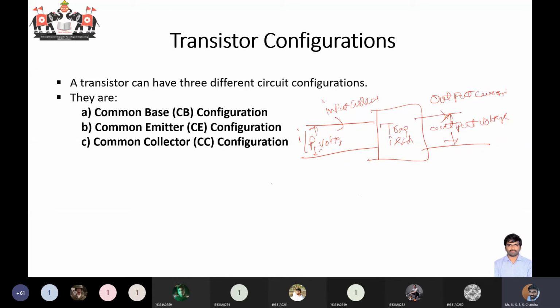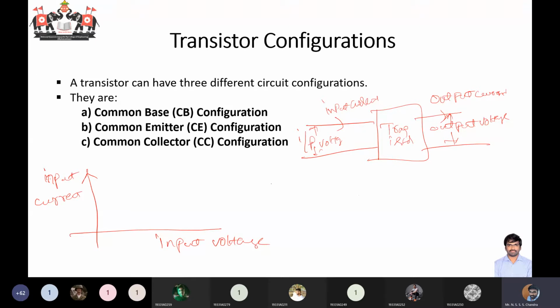Okay, so whenever we are talking about these characteristics, we'll be drawing the graph between your input voltage versus input current and output voltage versus output current. If we're drawing the graph between input voltage versus input current, then it's said to be the input characteristics. So you'll have a graph between input voltage versus input current. Okay, this graph is said to be the input characteristics.